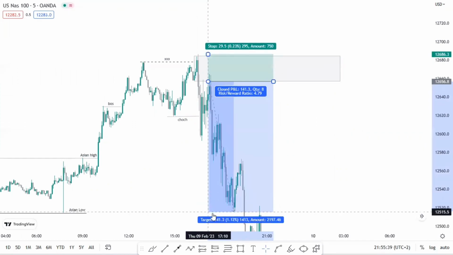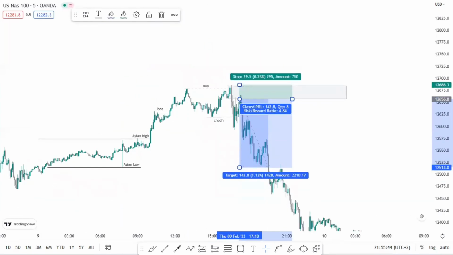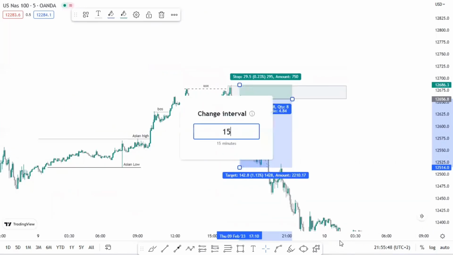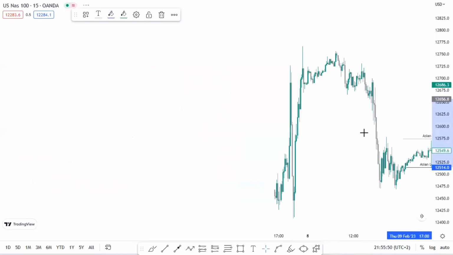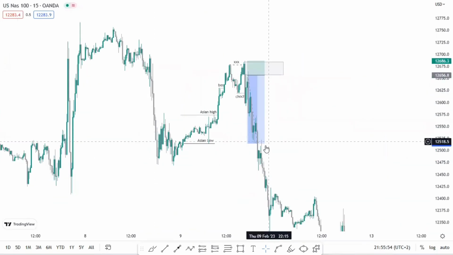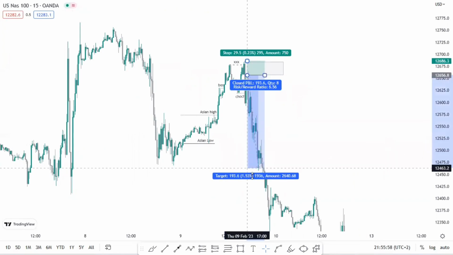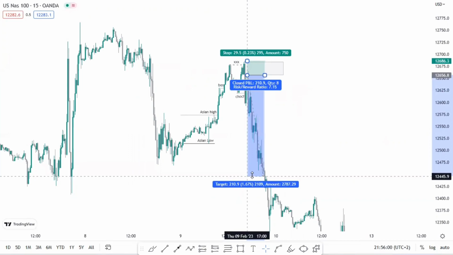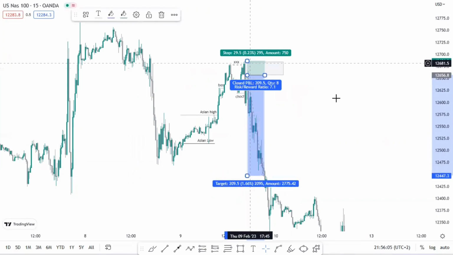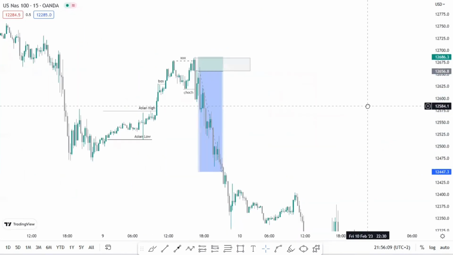It's a nice one, it's so far decent. Move to the 15 minutes again. But as you guys know, I would have waited for my 1 is to at least 7, because my order block is a bit too big.